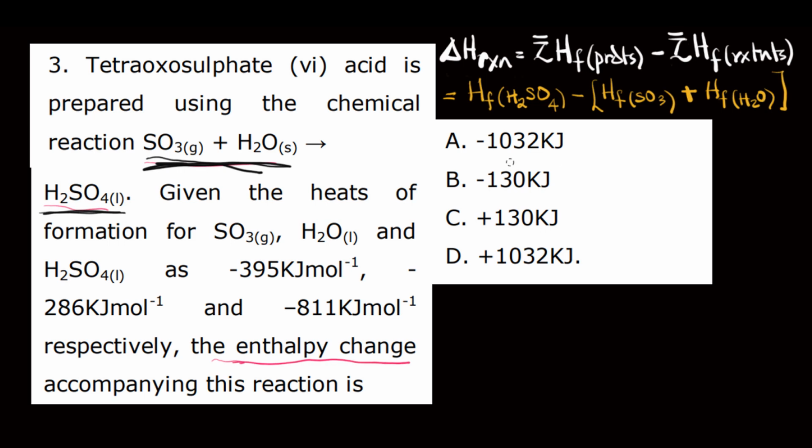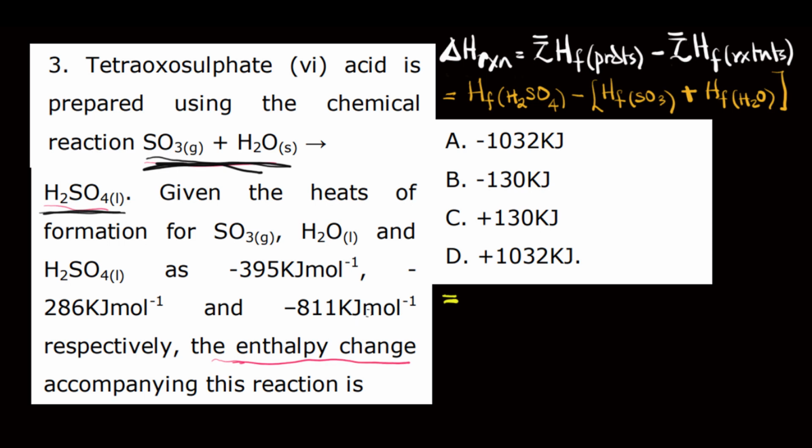So if we substitute the values of the heat of formation into the equation. Meanwhile, what's heat of formation? Heat of formation is the amount of heat evolved or absorbed when one mole of a compound is formed from its constituent elements at standard state, right?